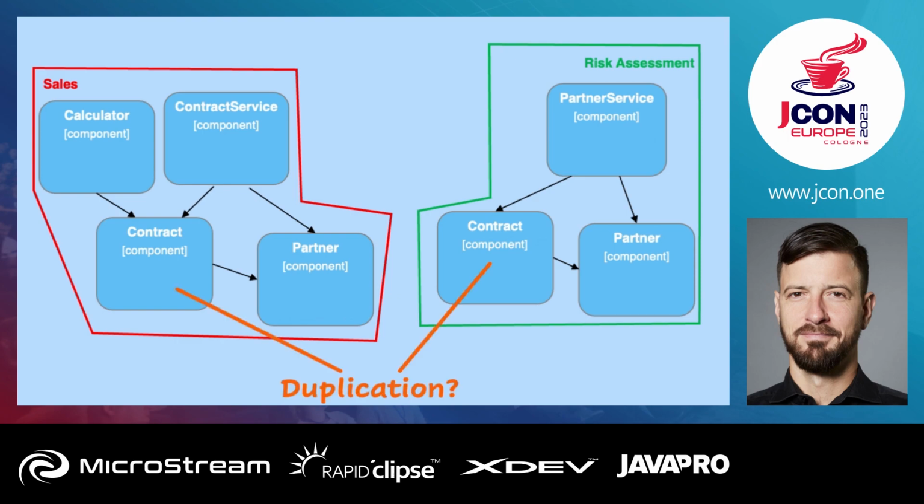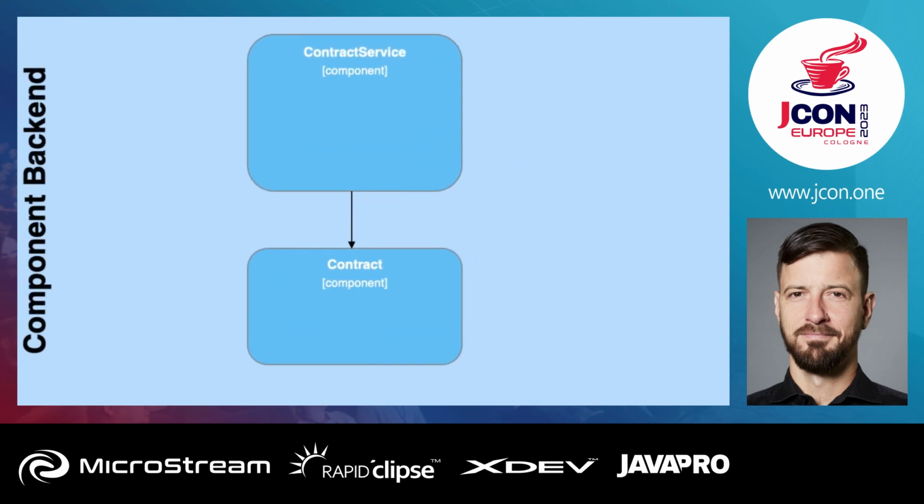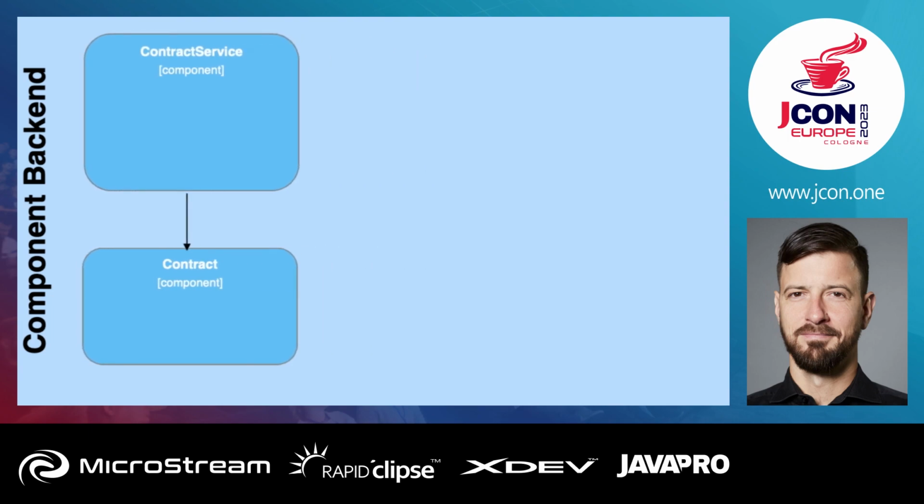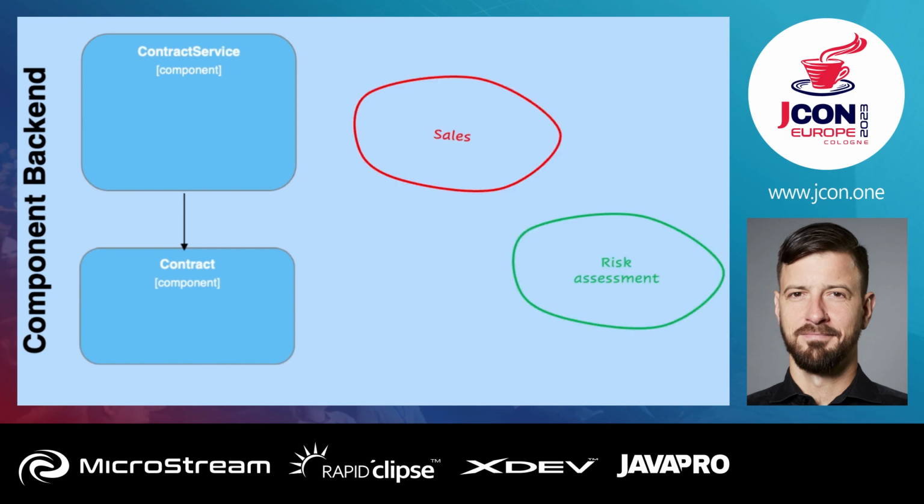Well, of course, there will be a lot of duplication. Yeah, really? Will there? To understand that, we have to look even closer. We have to go a level deeper here. And we have to see on a class level, how does this map to our contexts? So on a class level, where do we find sales and risk assessment here?